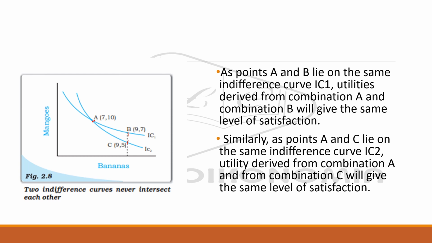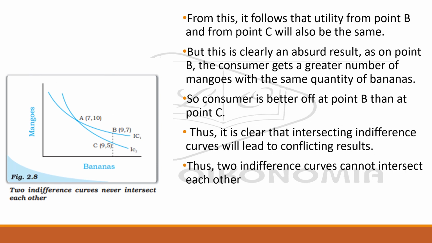Similarly, A and C lie on the same IC, IC2, and since they lie on the same IC, they give the consumer the same satisfaction. And remember, these two are actually on two different indifference curves.